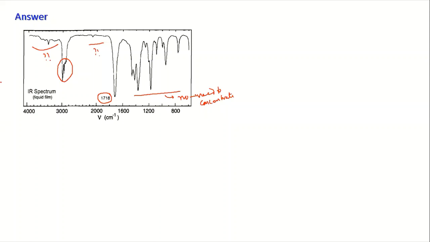This is hydrocarbon CH. Yes, great. So these are hydrocarbon CH, around 3000 nearby. So remember, you have the region around 2800 to 3200, 3300. This is the region for CH.